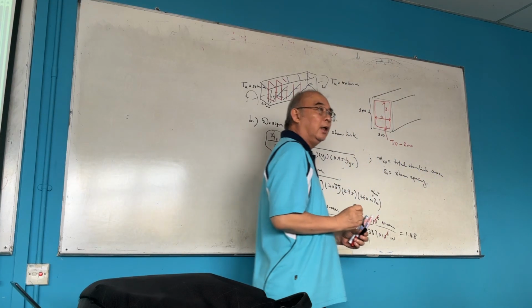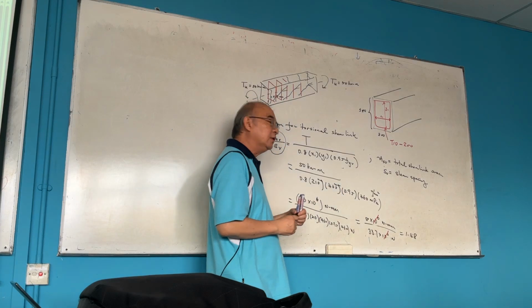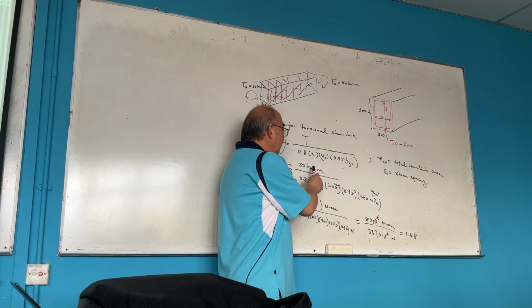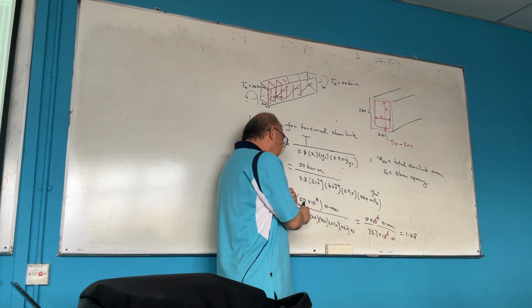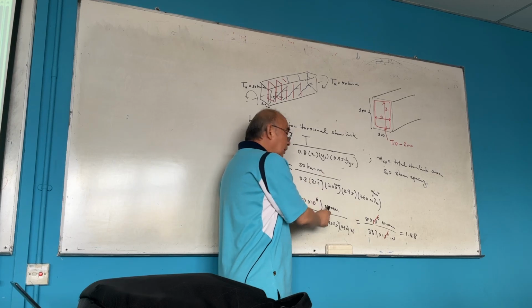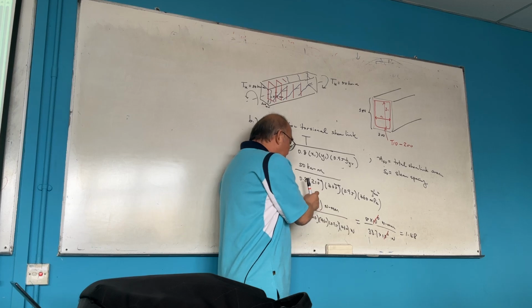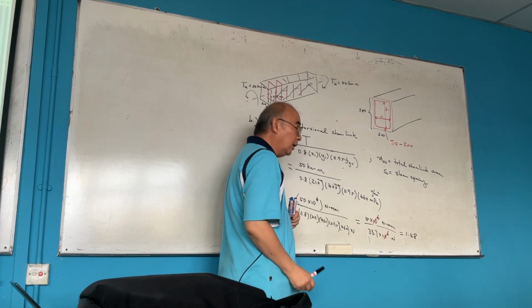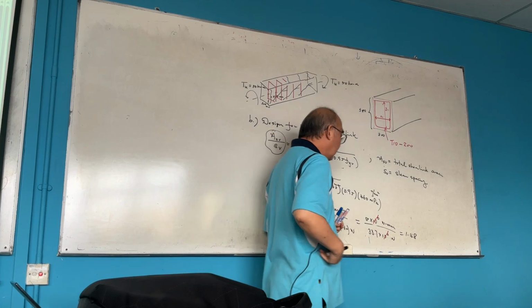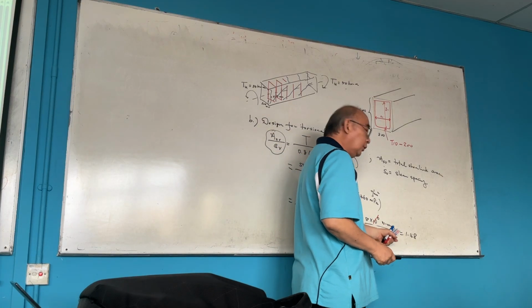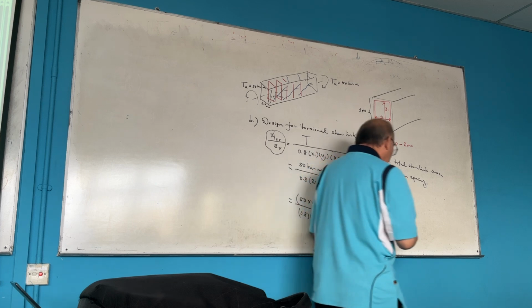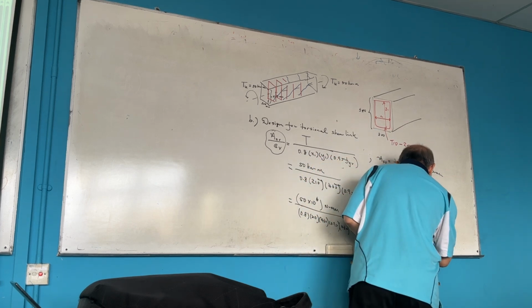Now I want you to notice that this one, 50 kilonewton meter, you just write 50 times 10 to the 6 Newton millimeter, because this one eventually will get cancelled. Understand? So now, what's the units? Just millimeter.